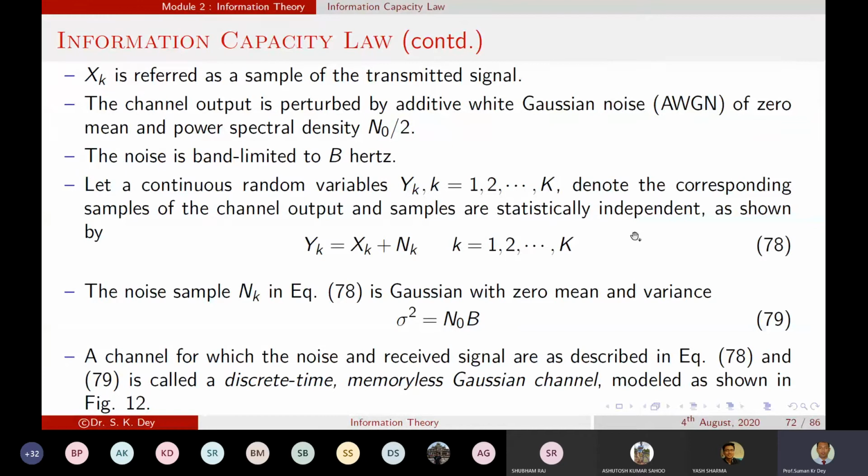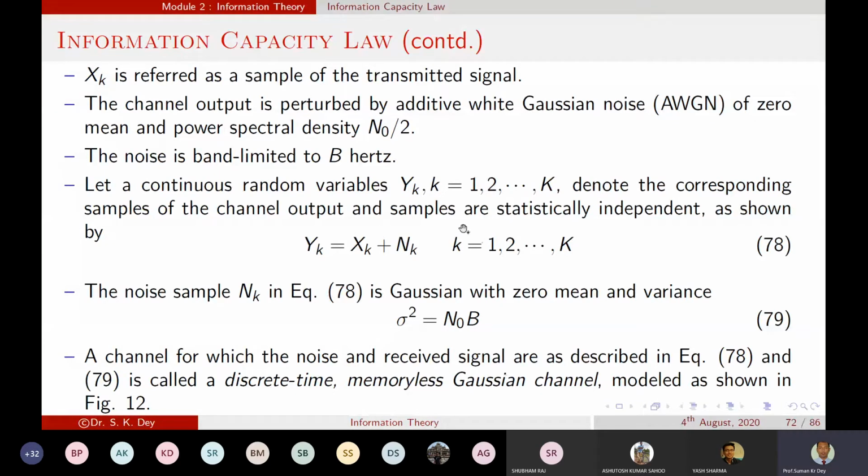So for a single sample, say k equal to 1, there is one relation, and when k equal to 2, the relation may be different, because when k is equal to 1 the value of Xk is different and Nk is also different. When k equal to 2, the Xk value is different and the Nk value is different. So there is no statistical relation between the two different samples.